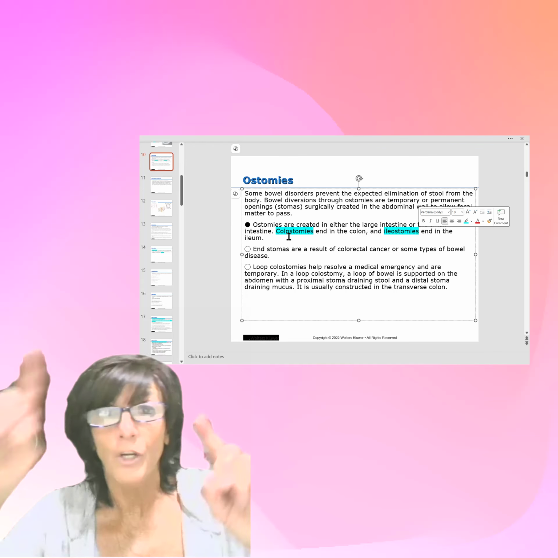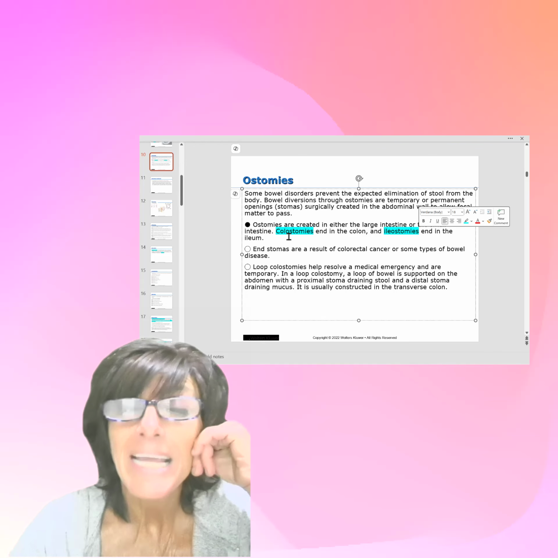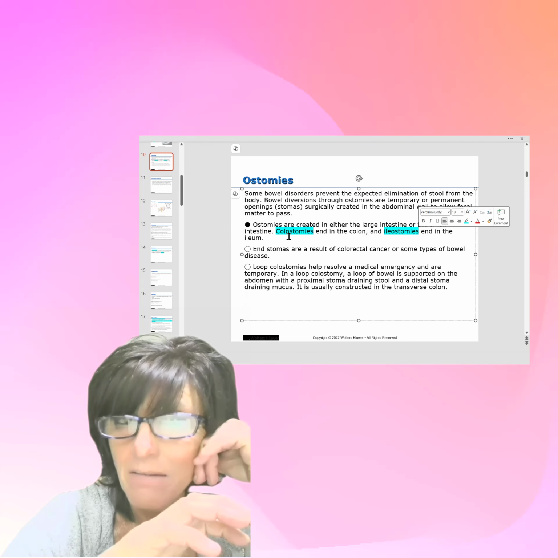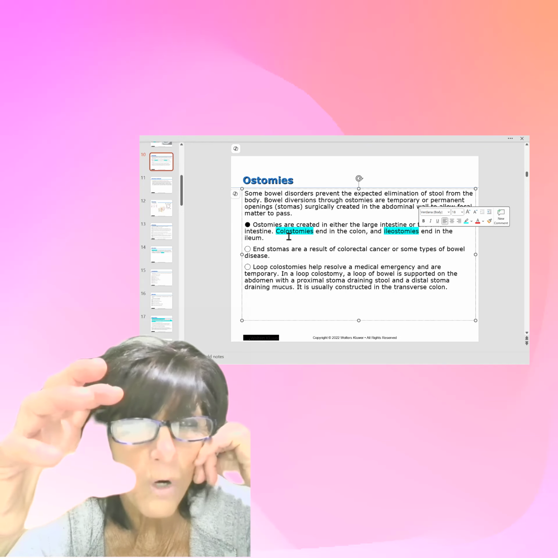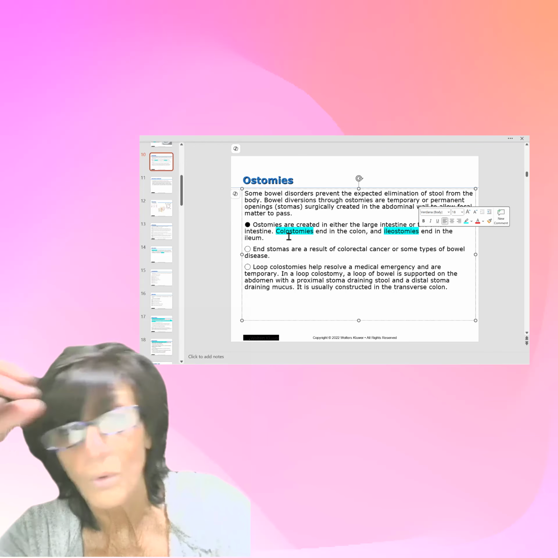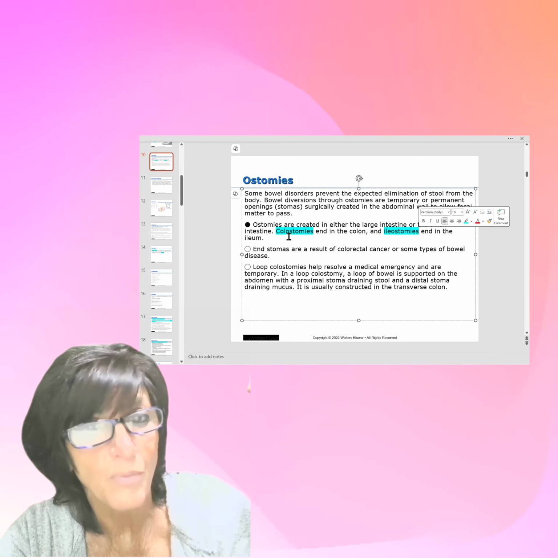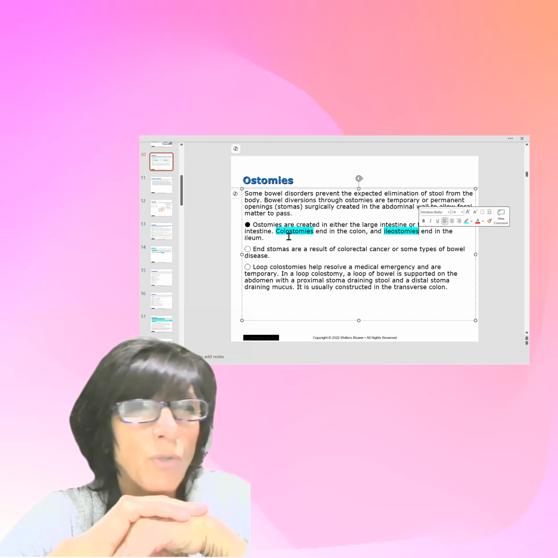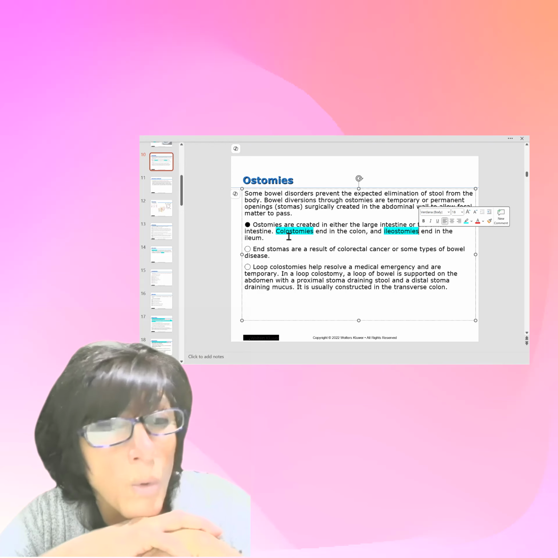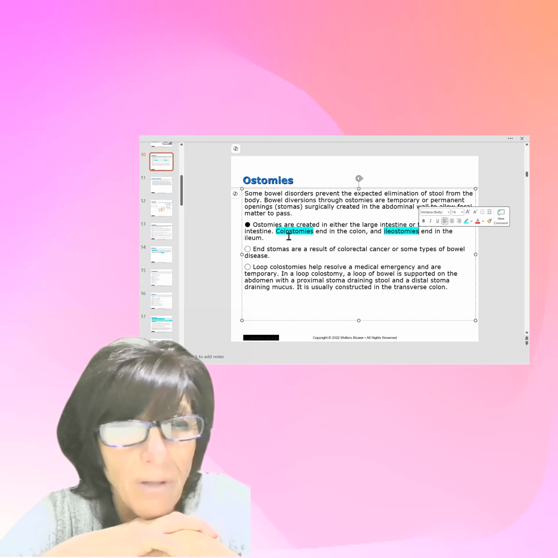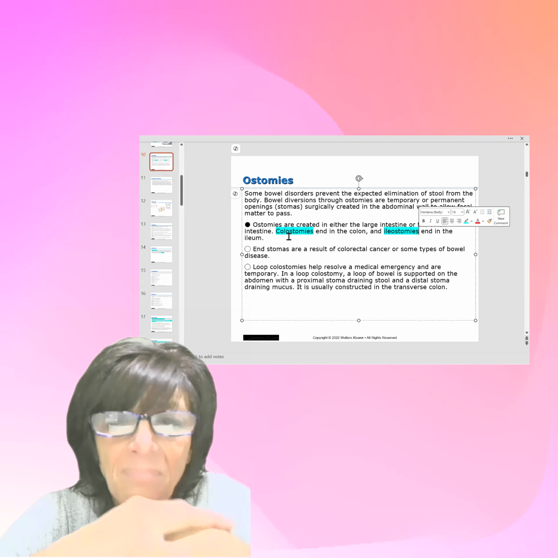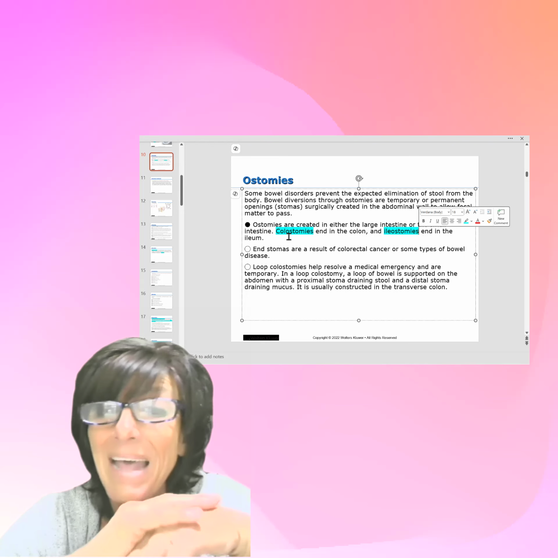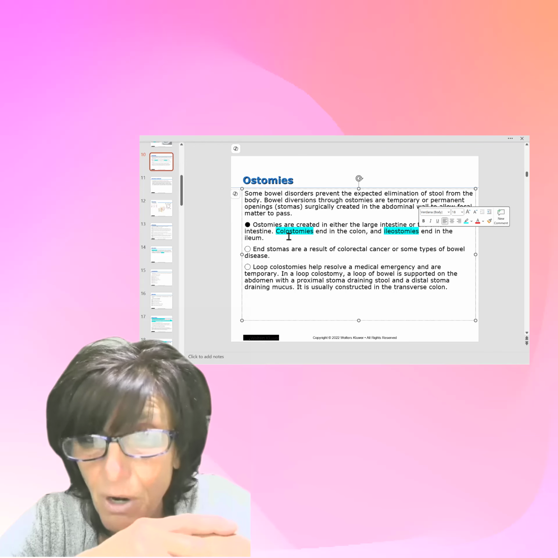Colostomies, depending on where in the large intestine they are, can produce either pasty stool, semi-formed stool, or actual formed stool, just as if somebody was having a bowel movement the regular way. When you see people with an ostomy, it's usually either colorectal cancer, could be Crohn's disease, ulcerative colitis, lots of reasons, right?